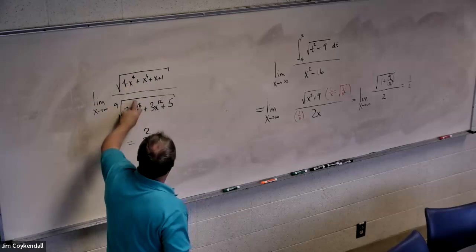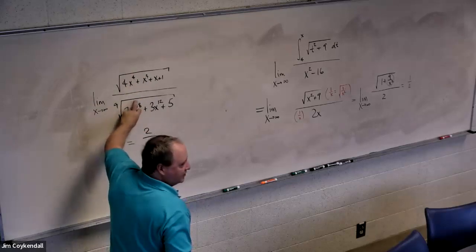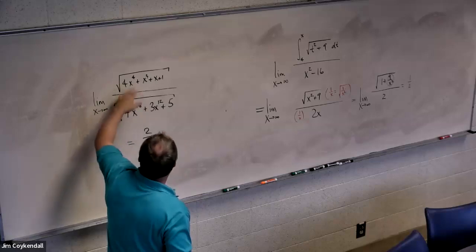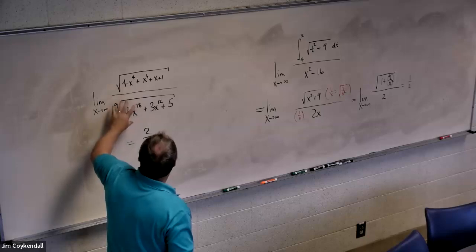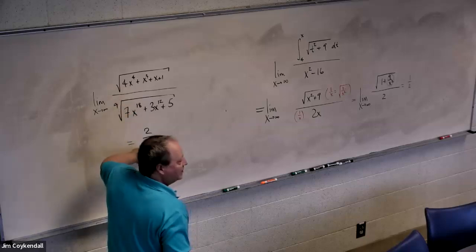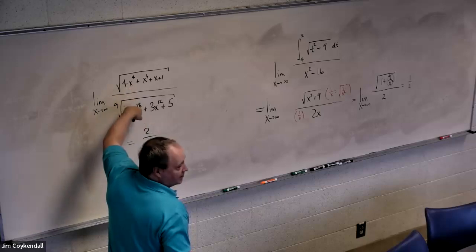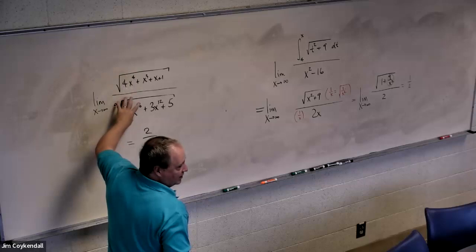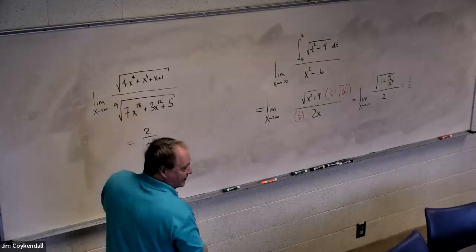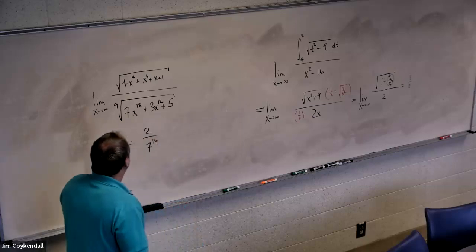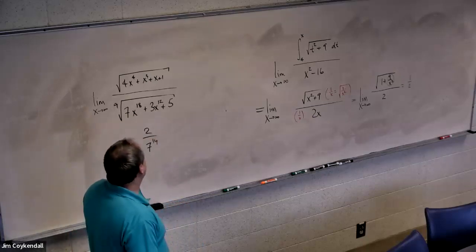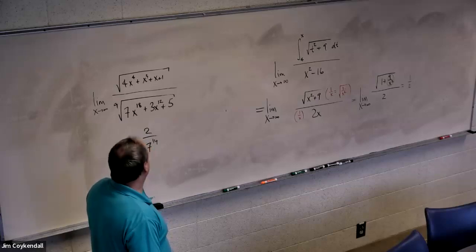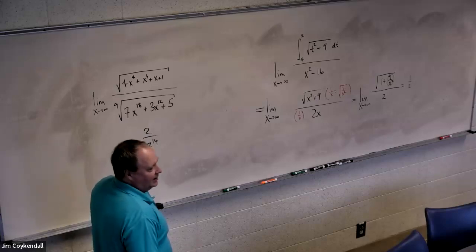The biggest power that I have here is also x squared. We have a tie, which would be the ratio of the leading coefficients. Multiply top and bottom by 1 over x squared, putting the radical here and the 9 under the root. Maybe simplify it. Yeah, but I don't really see you simplifying that.